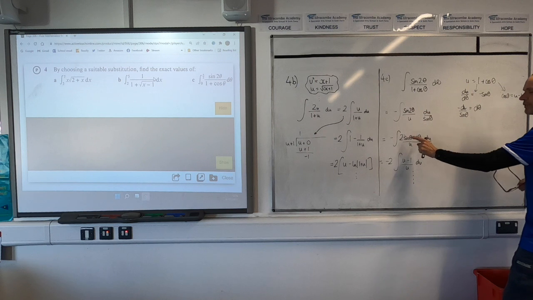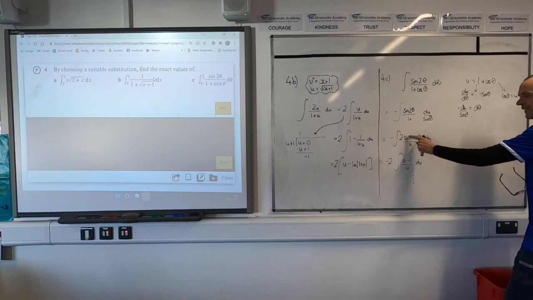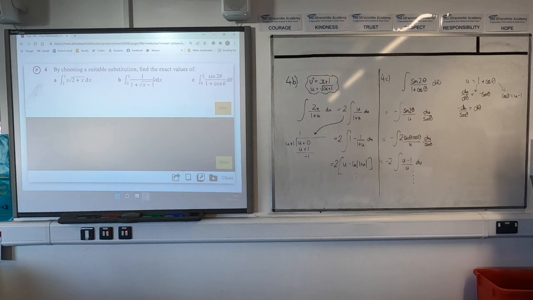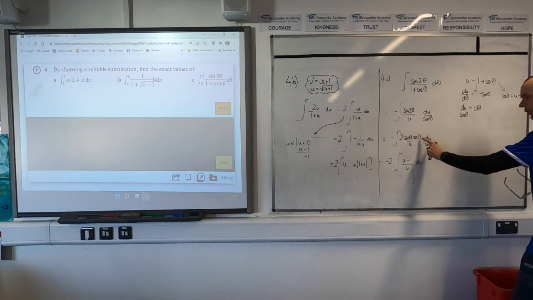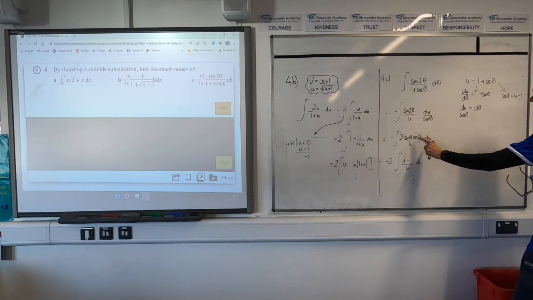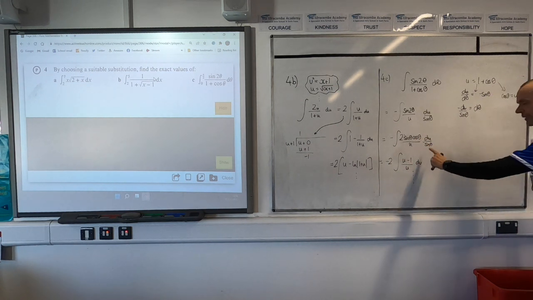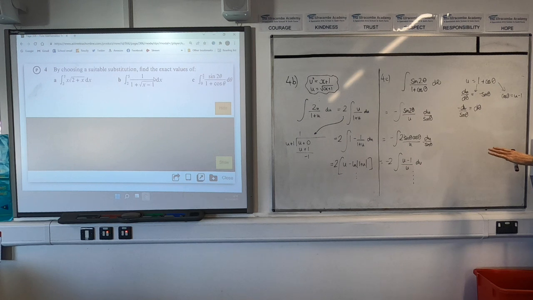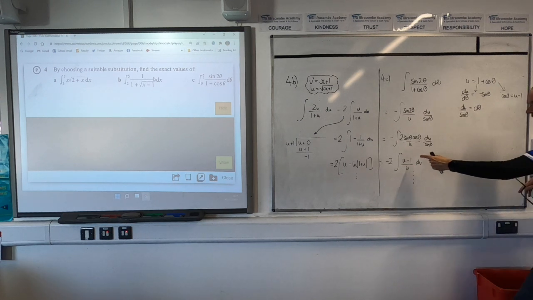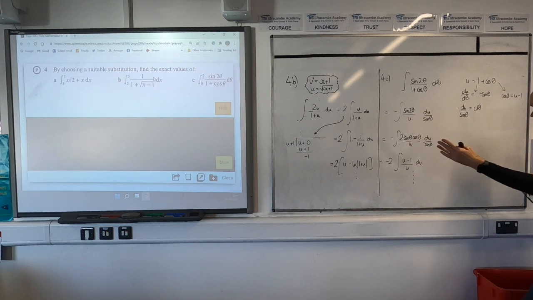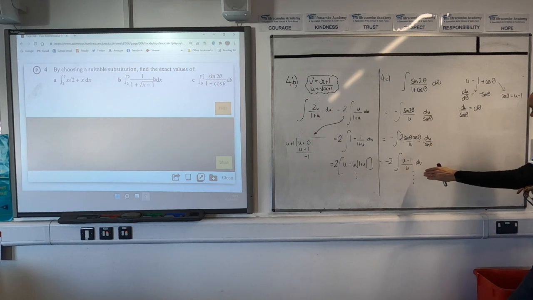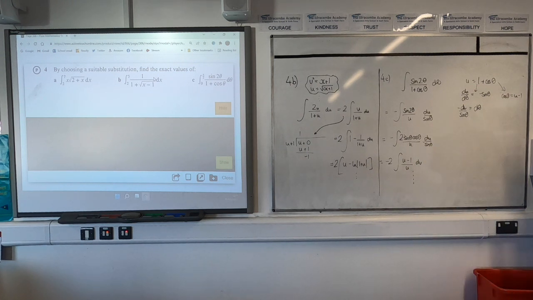Write sine 2 theta as 2 sine theta cos theta, so that sine theta cancels out with that sine theta. You're left with 2 cos theta. Pull the 2 out, replace cos with u minus 1, so you get that. And that's 2 things divided by 1 thing, so you can write that as u over u, 1, minus 1 over u. And that works out quite nicely then.